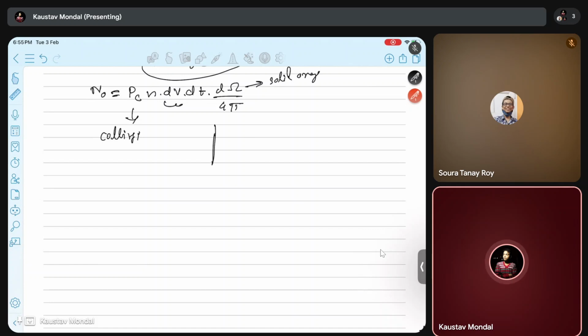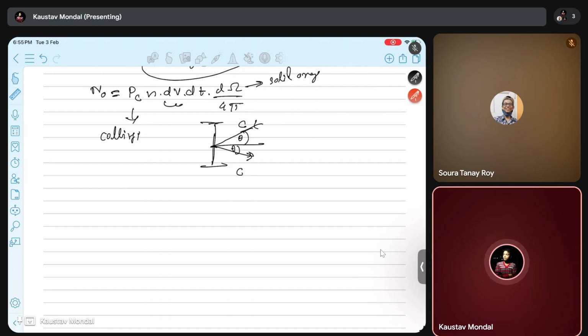Since from kinetic theory these gas molecules are elastic, after suffering a collision, let's suppose it comes at angle theta with a velocity c. After the elastic collision, it will also move with velocity c in the opposite direction.